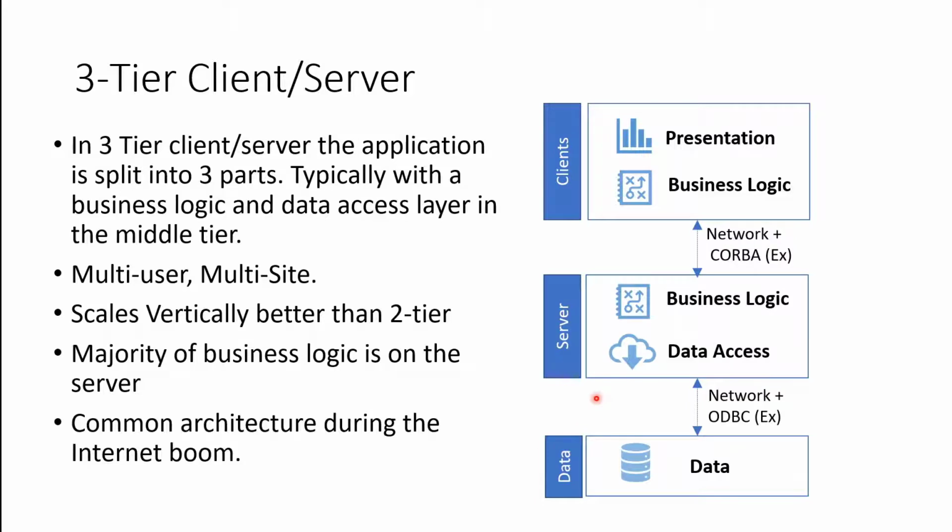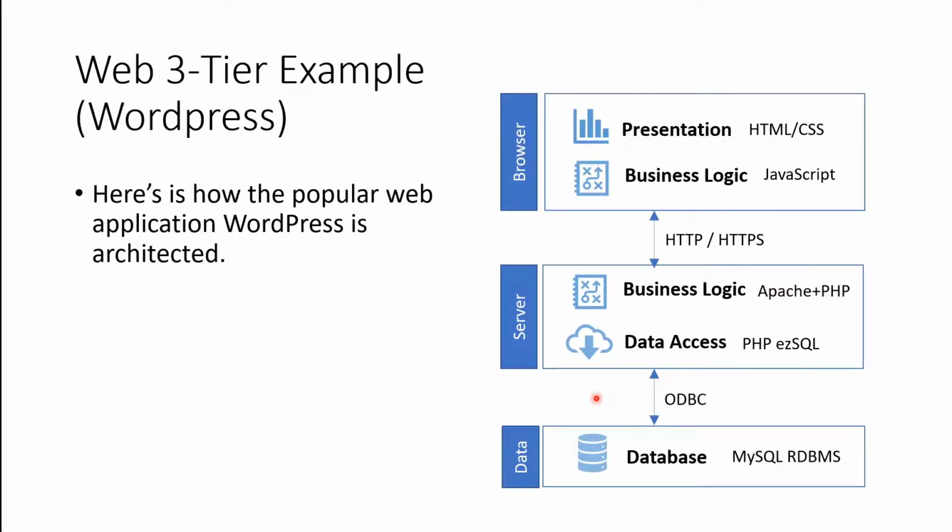So this was a common architecture during the internet boom, and we saw this a lot in web applications where the browser itself ends up being the presentation layer, right? It uses HTML, CSS, JavaScript. It will do some little business logic with JavaScript. It draws the web page with HTML, CSS.